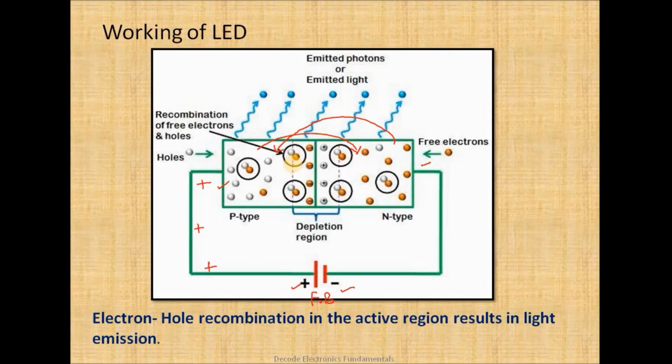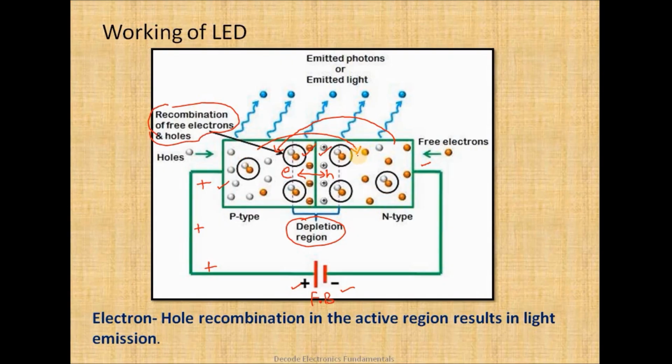During this course of time, when an electron comes in contact with a hole, there will be recombination. It is very clearly observed that most of the free electrons and holes get recombined in the active region. The active region is also called the depletion region. It does not mean that there will be no recombination in the P region or the N region.